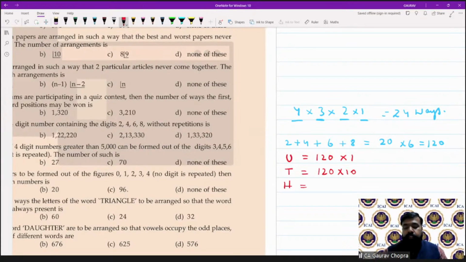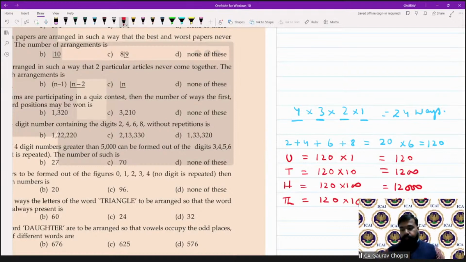For 100 place, 120 into 100. And for 1000 place, 120 into 1000. Now we can add them and get the result. Now simply add them and find the answer.